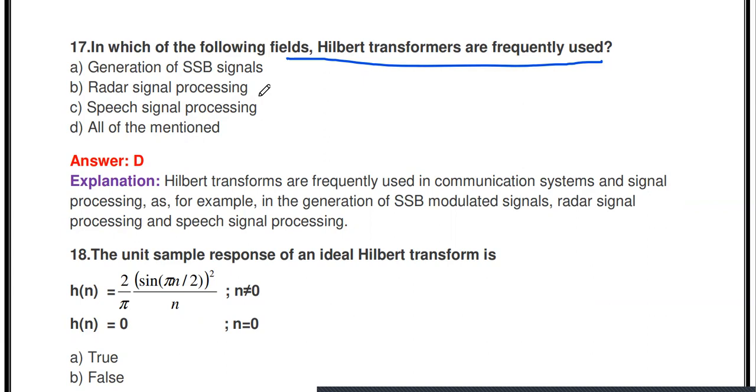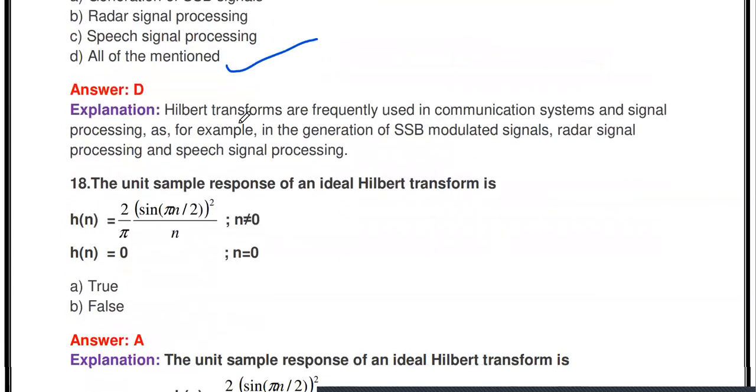So the Hilbert transform is frequently used in communication systems and signal processing, for example the generation of SSB modulated signal, radar signal processing, and speech signal processing.